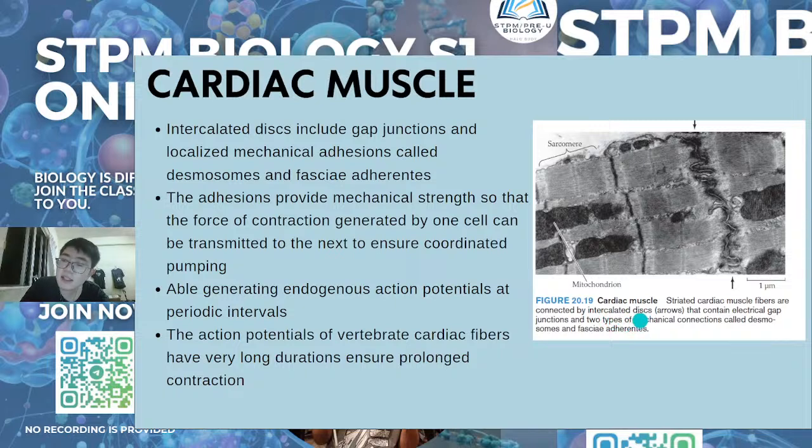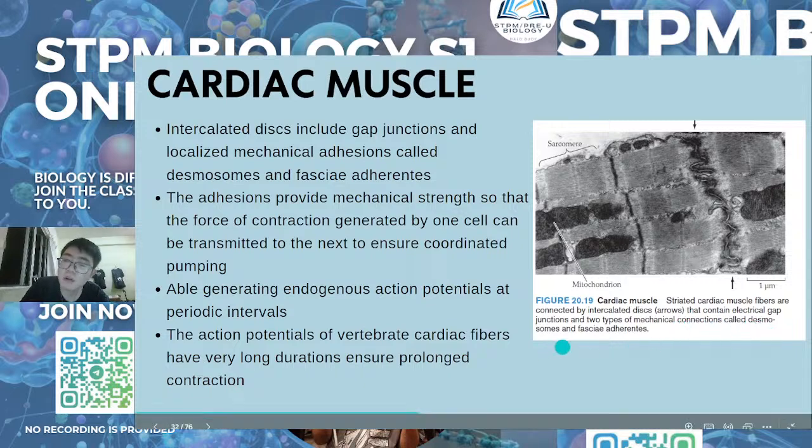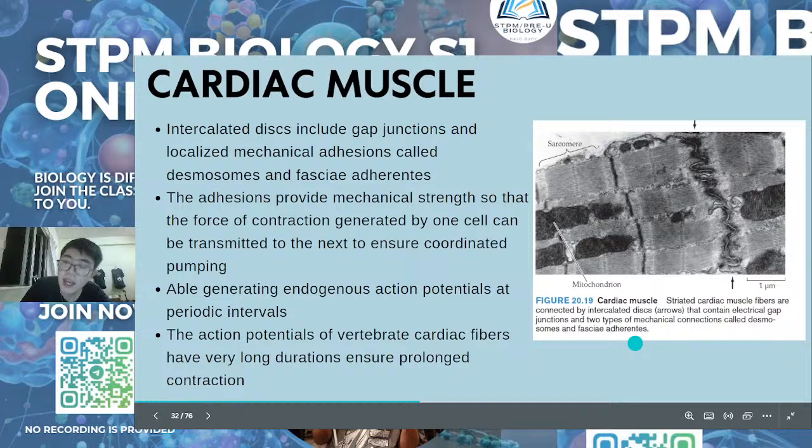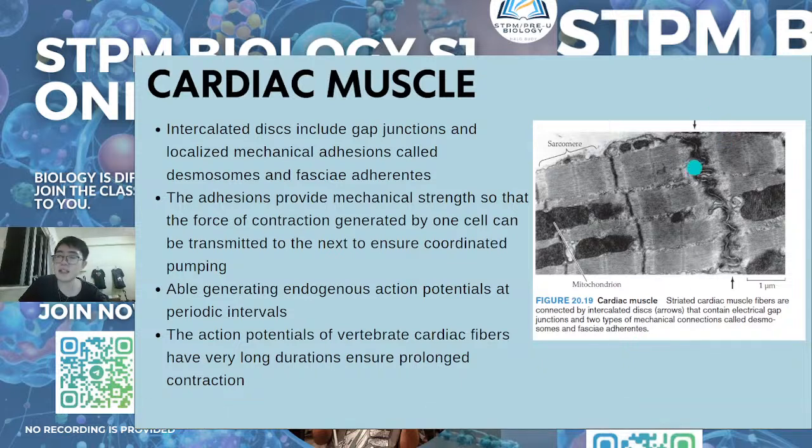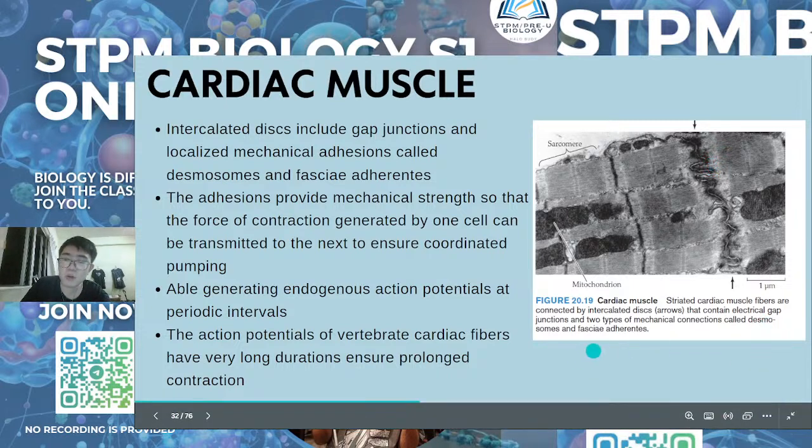Here you see that. It has the electrical gap junction, and within this junction we have two mechanical connections, called desmosome and fascia adherens.